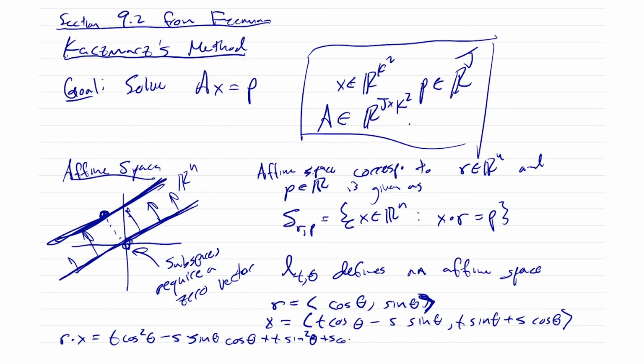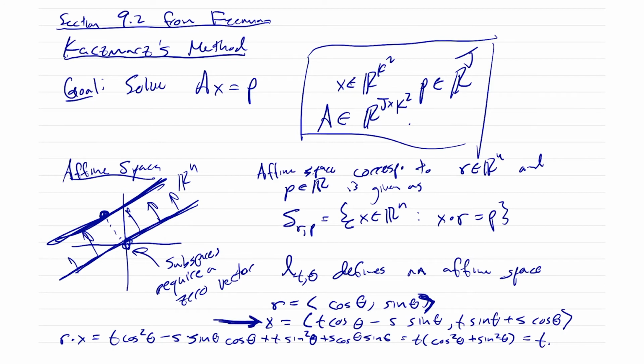Plus s times cosine of theta sine of theta, and all of this can be broken down to t times cosine squared of theta plus sine squared of theta, and that itself is equal to t. So you see that we end up having an affine space for all the points described by this affine problem.